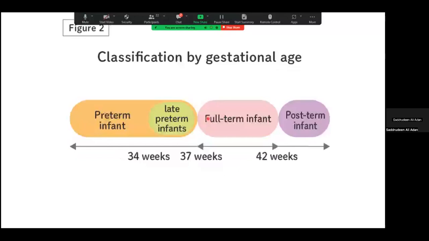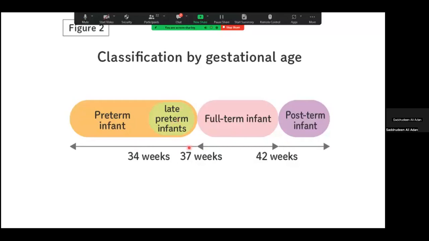For the gestational age, an infant is post-term if it's greater than 42 weeks. A full-term infant is from 37 completed weeks, meaning week 37 has completed its 7 days, up to 42 weeks. A preterm infant is anything less than 37 weeks. Ignore the late preterm category.